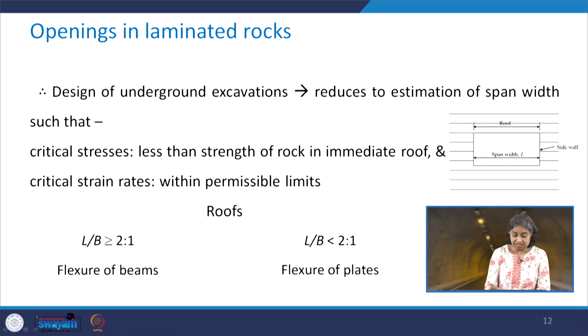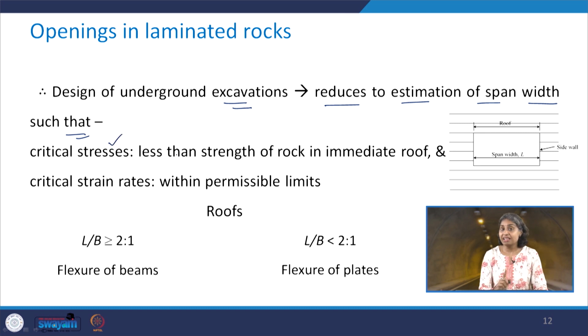So, the design of underground excavations in laminated rocks reduces to the estimation of span width such that critical stresses are less than the strength of the rock in the immediate roof, and also the critical strain rates are within the permissible limits.